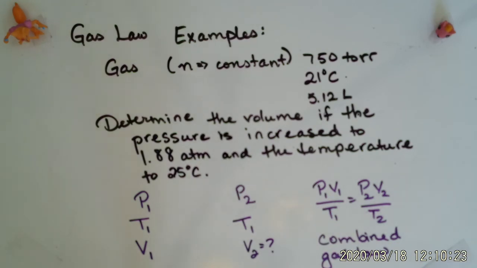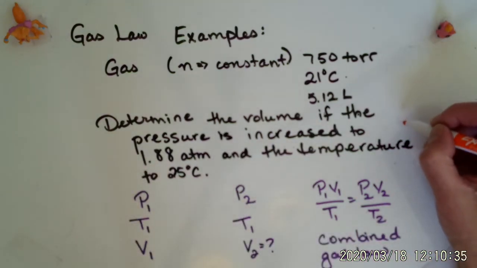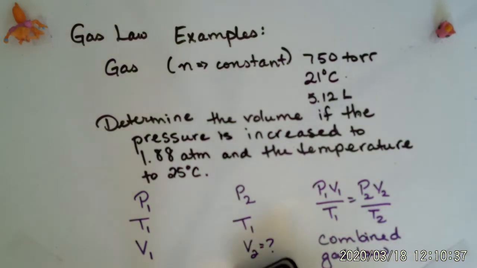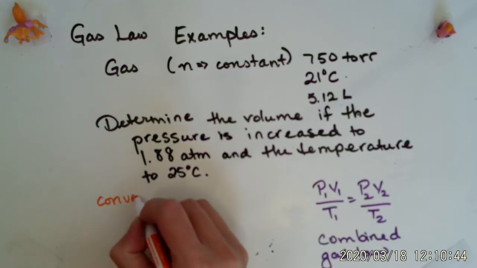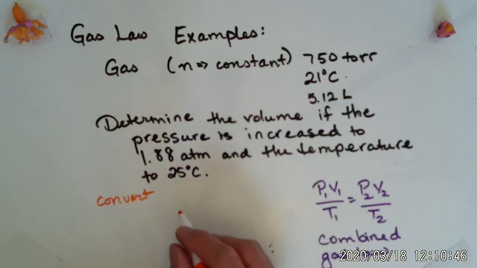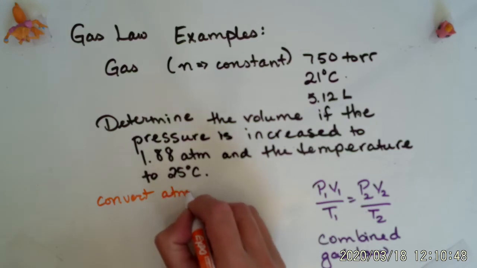Well, we know that P1 is 750 torr, but P2 is in atmospheres. So we need to convert, and we'll go ahead and erase this down here. So the first thing we need to do is convert. Let's try converting atmospheres to torr.